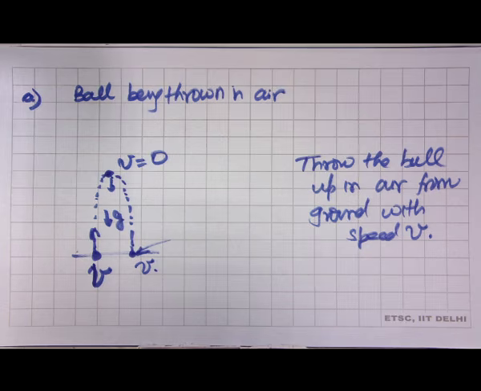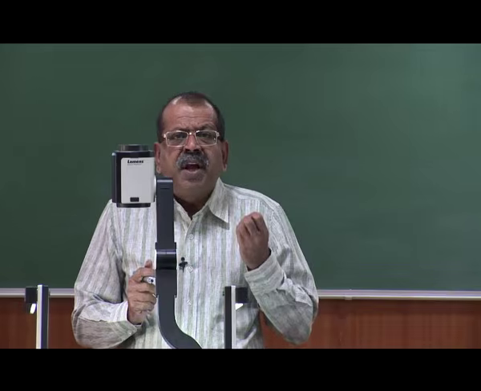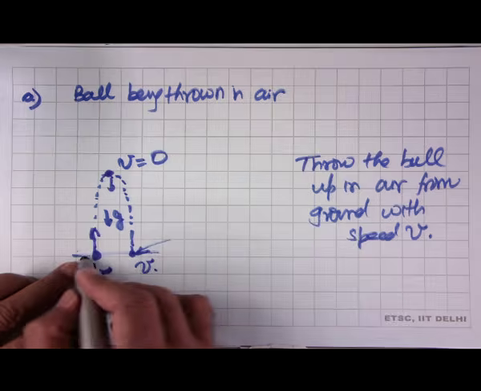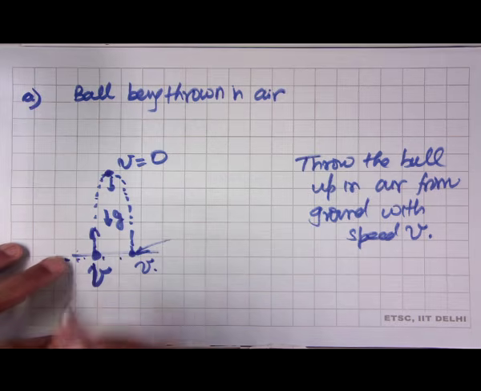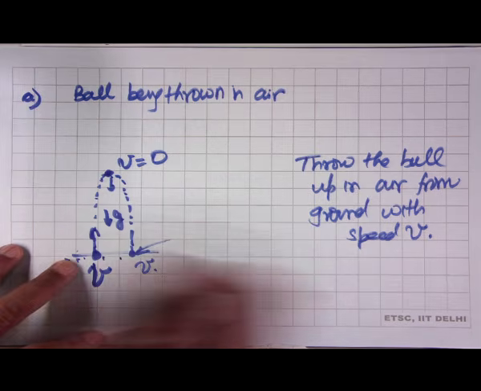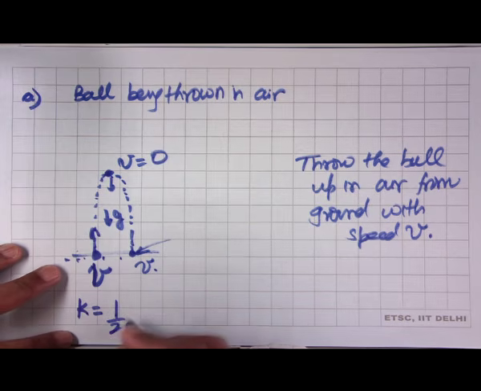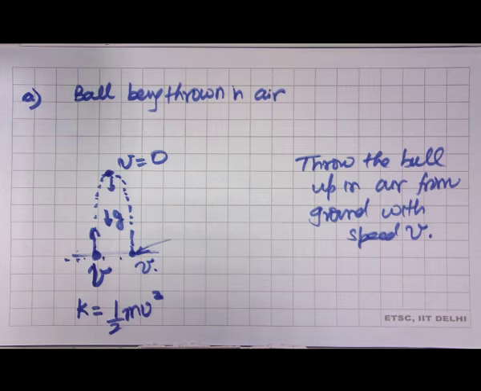Now, if we look at it in terms of energy and work, at ground, when the ball has just left, the kinetic energy is equal to half m v square.